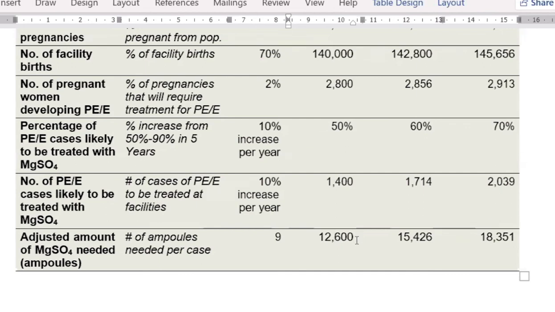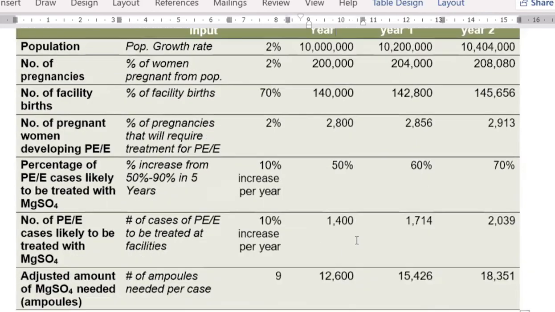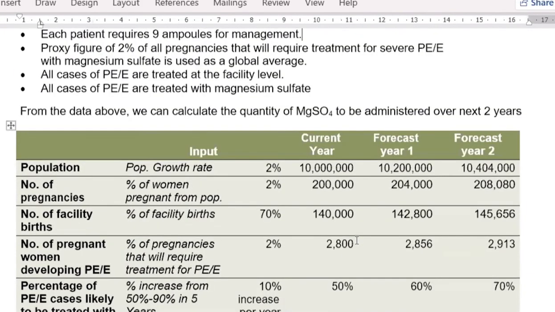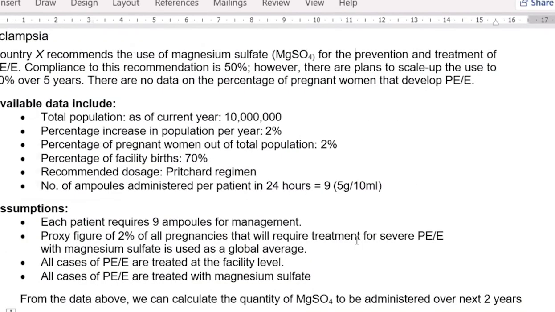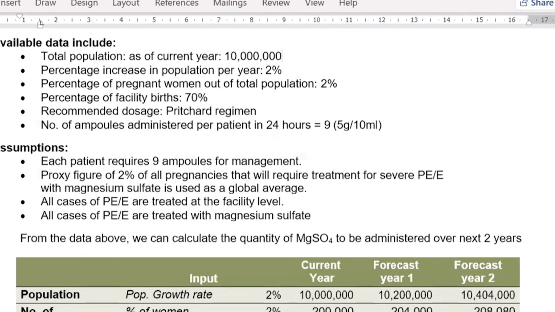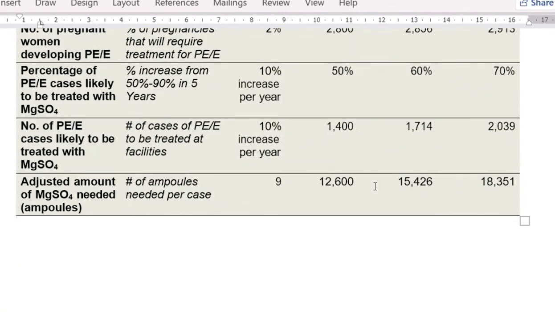And then also, in this example, I haven't shown you the actual amounts in value, right? So drugs are ordered in dollars from the international market. They have to be converted to kwacha and then multiplied by the quantity that you find to arrive at the total cost that you should prepare for that purchase.